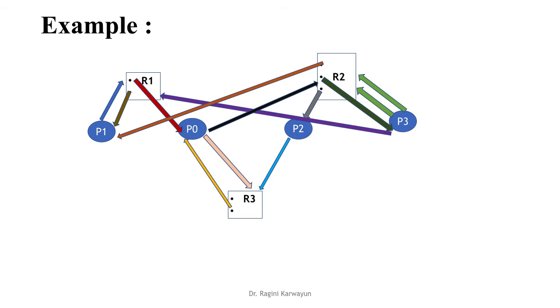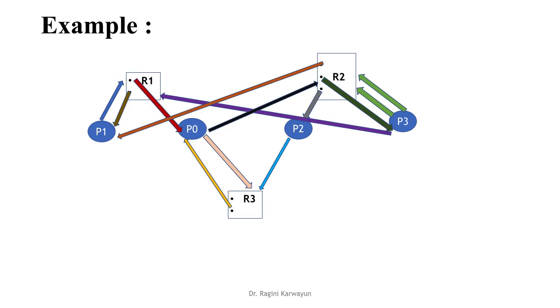P0 is holding one instance of R1 and one instance of R3, and it is requesting one instance of R3 and one instance of R2. Similarly, P2 is holding one instance of R2 and is requesting one instance of R3. P3 is holding one instance of R2 and requesting two instances of R2 and one instance of R1. So this is basically a resource allocation graph involving three resources and four processes.